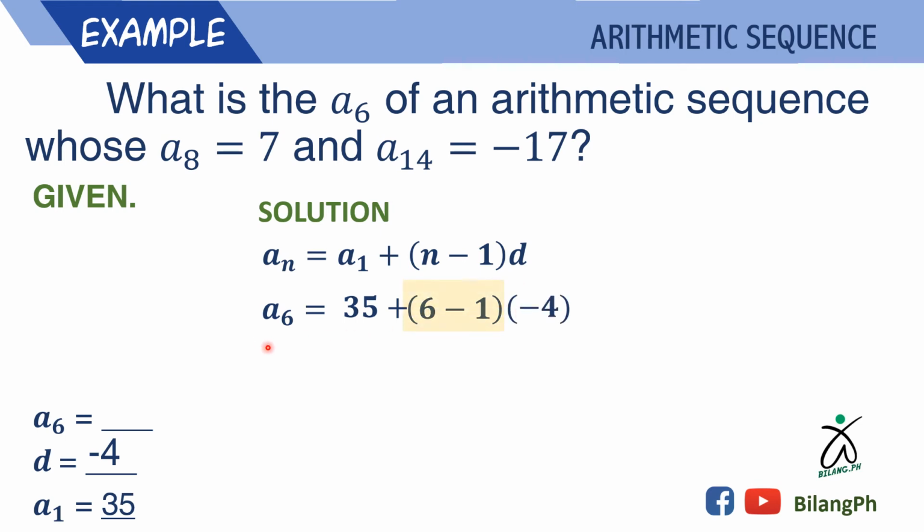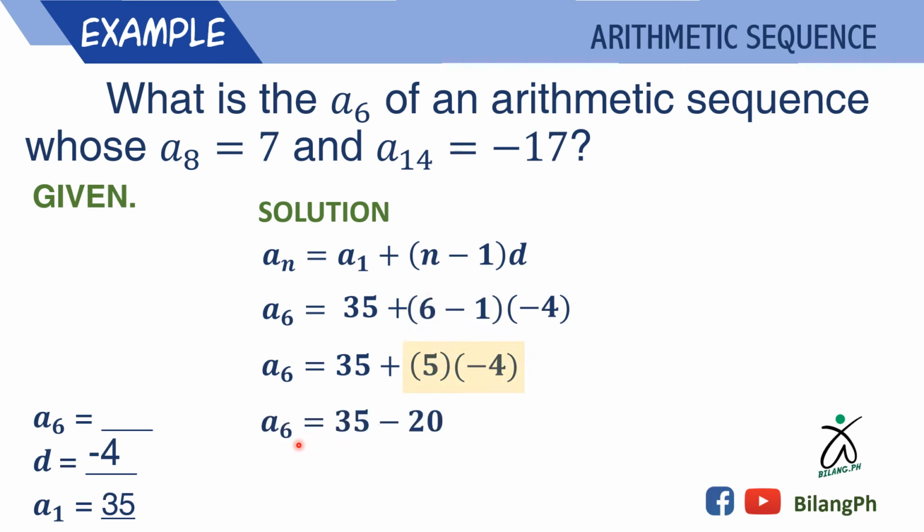A sub 6 equals 35 plus 6 minus 1 is 5. Kopyahin ang negative 4. Then, multiply naman. So, a sub 6 equals 35. 5 times negative 4 is negative 20. A sub 6 equals 35 minus 20 is 15.